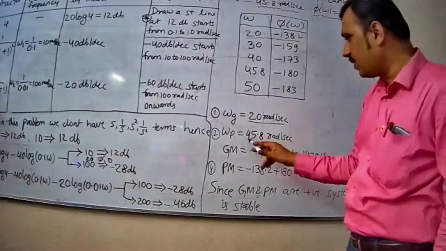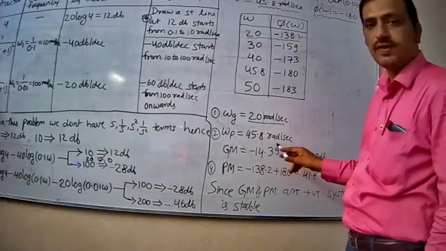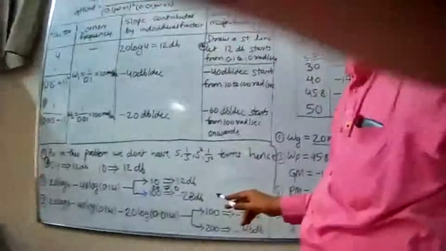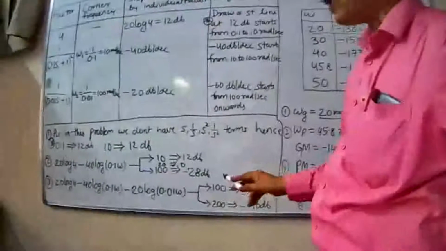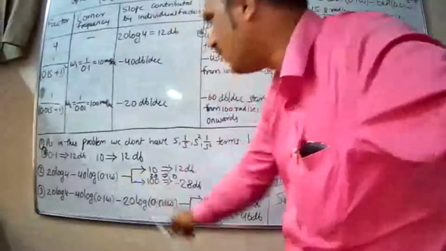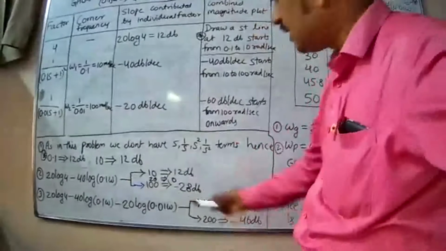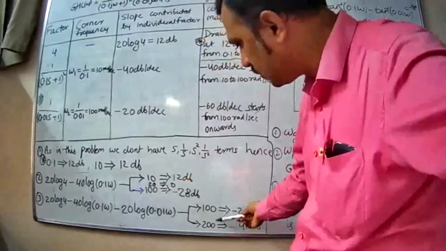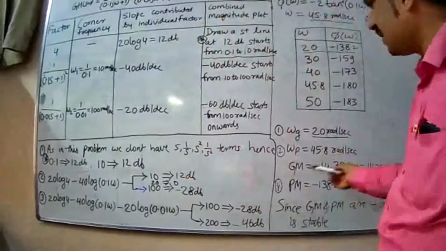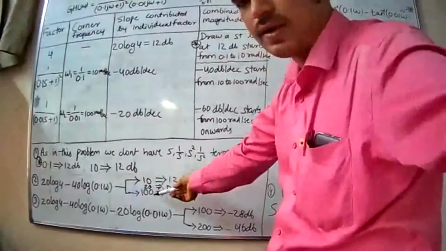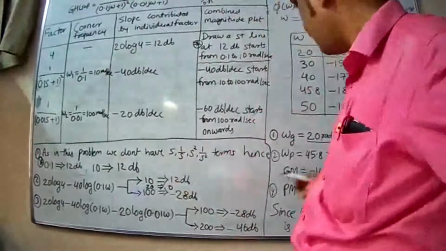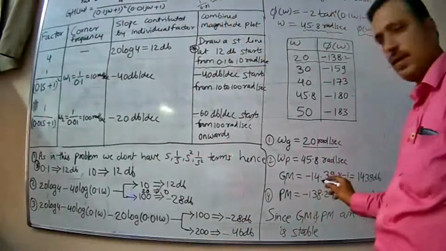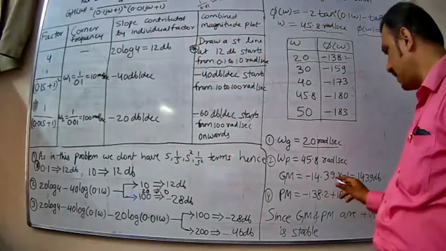Next, we have the 45.8, the phase crossover frequency. We have to substitute this phase crossover frequency in one of these two equations. The first equation is 20 log 4, and the second is this one. In the second equation we have the range 10 to 100, and the third equation 100 to 200. This 45.8 is in the range of 10 to 100, hence we substitute 45.8 here. Then we are getting the value as around minus 14.39.